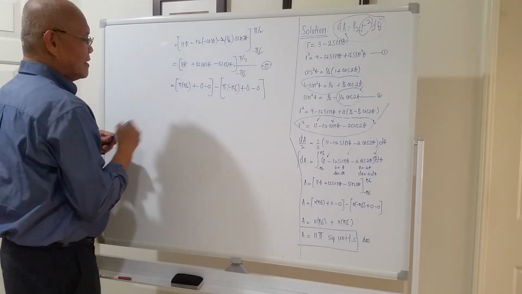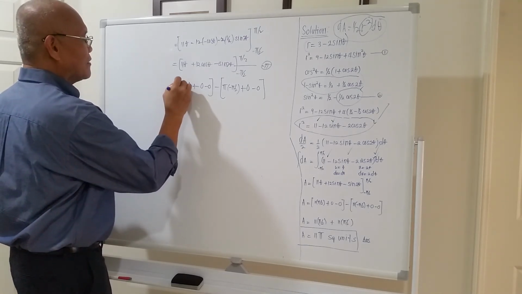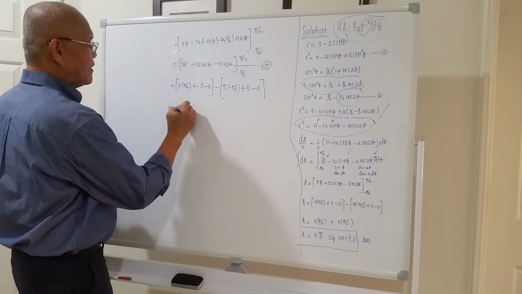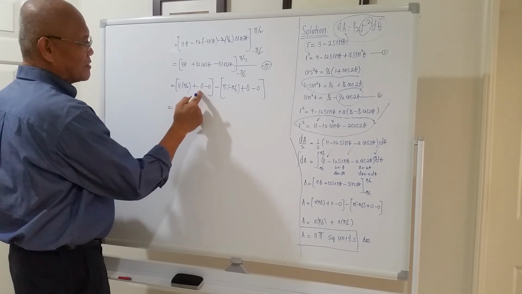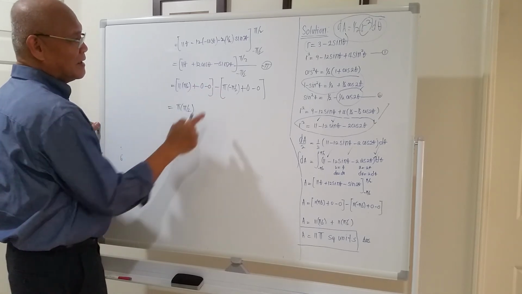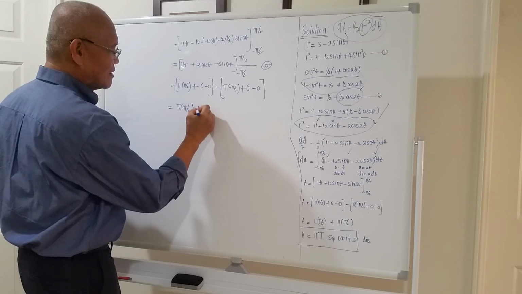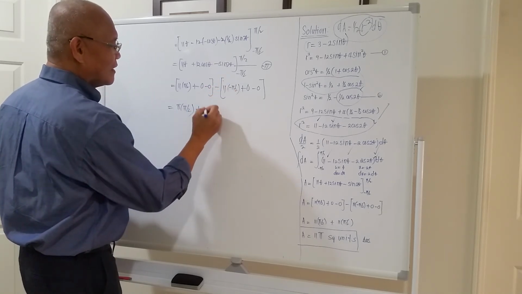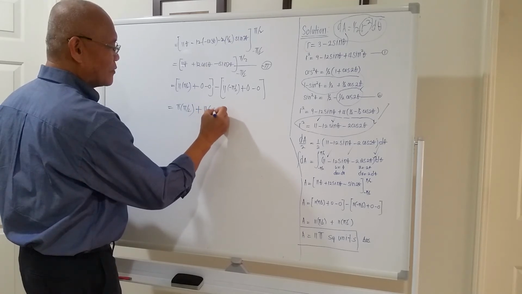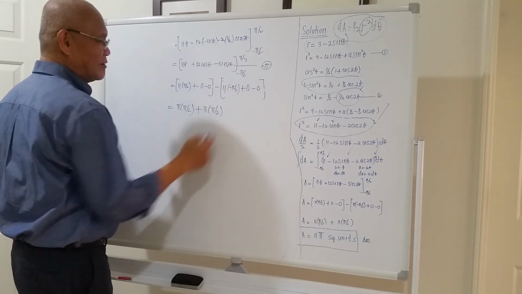Okay? So this is 11 times pi over 2 plus 0 plus 0 minus 0. Minus minus will become plus, right? Oh, this is actually 11, guys. 11 times pi over 2 minus 0 plus 0.